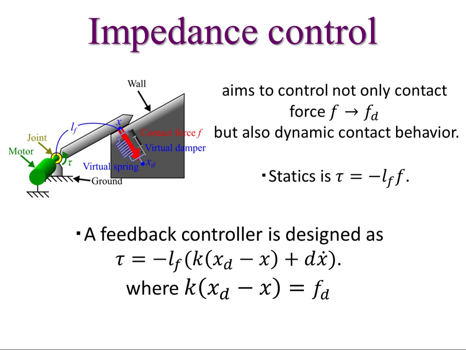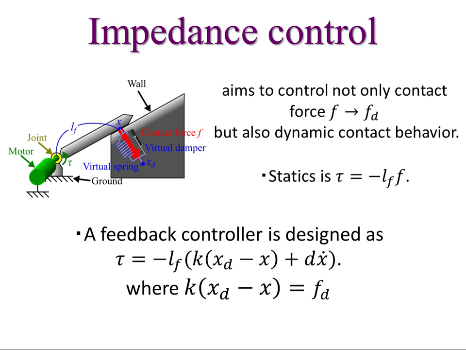To simulate the forces of the spring and damper attached to the tip, the actuator torque is designed in this way, where K is the stiffness of the virtual spring, XD is the equilibrium point of the virtual spring, X is the tip position, and D is the viscosity of the virtual damper.